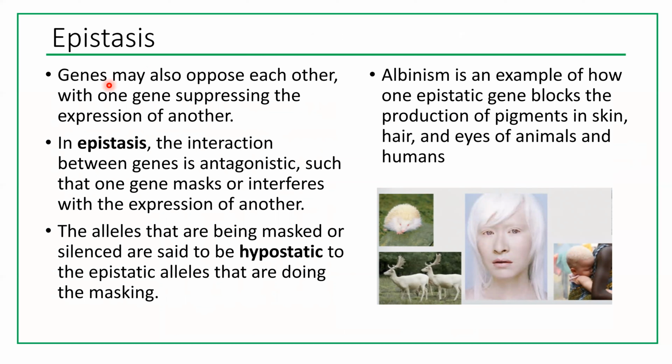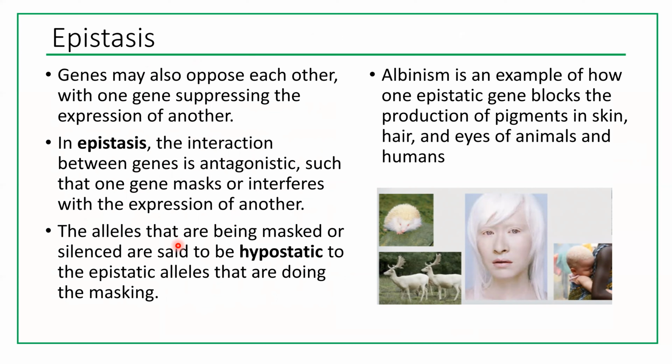Epistasis. Genes may also oppose each other, with one gene suppressing the expression of another. In epistasis, the interaction between genes is antagonistic, such that one gene masks or interferes with the expression of another.